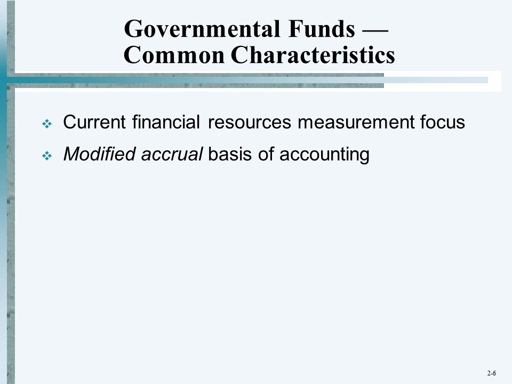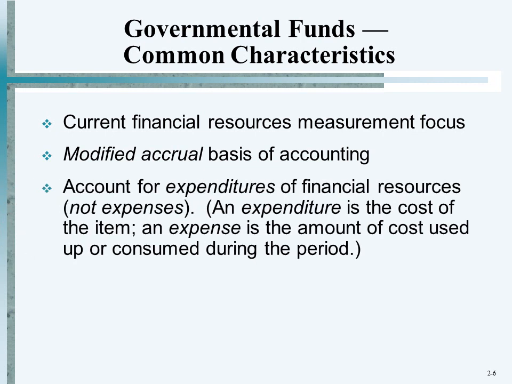And governmental accounting also uses, this is where things get a little different, a modified accrual basis of accounting, and what that generally means is that revenues, or inflows, are only recorded when they're measurable and available to pay current expenses. And expenditures, and notice that expenditures, not expenses, it's the cost of an item.